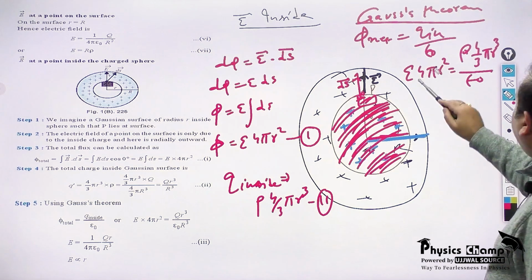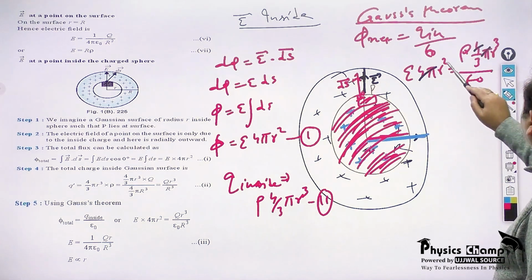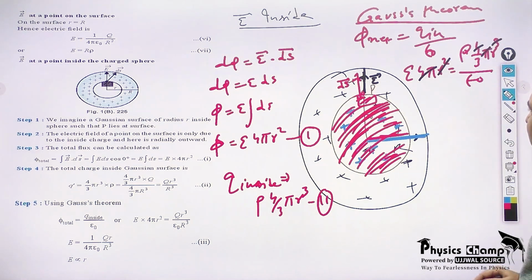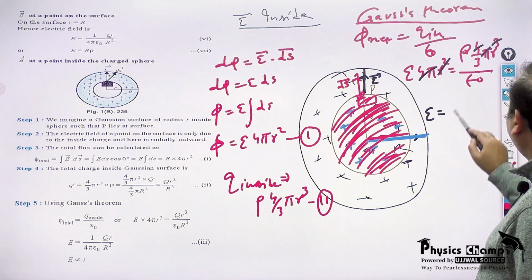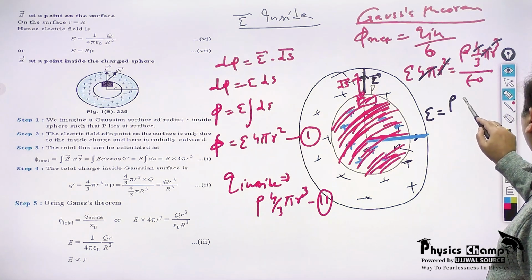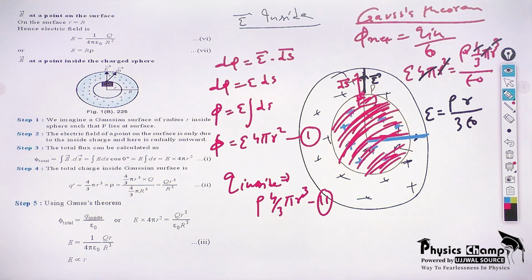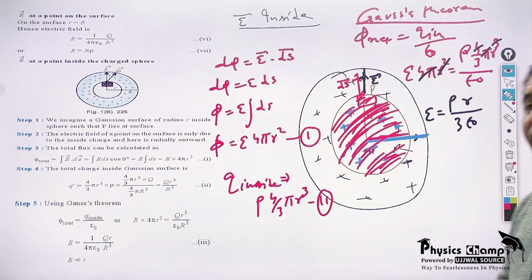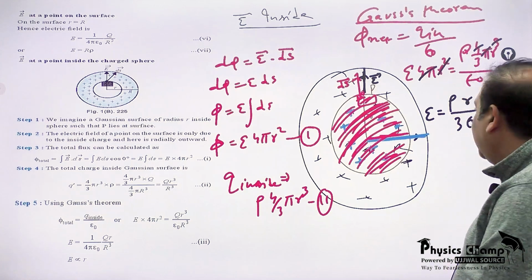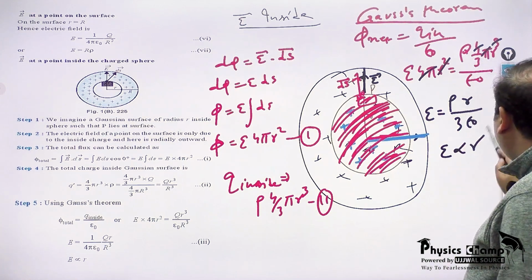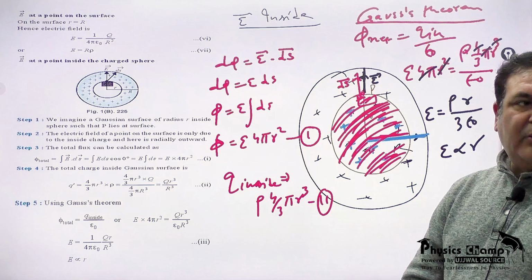This 4 pi gets cancelled, r square cancels with r cube, only 1 r remains. So the electric field is rho r by 3 epsilon naught. So electric field within this is important. It is directly proportional to r, where rho is the volume charge density.